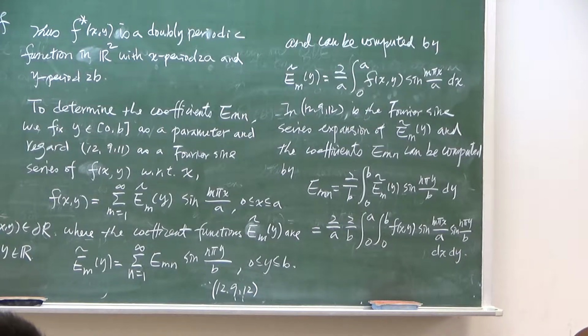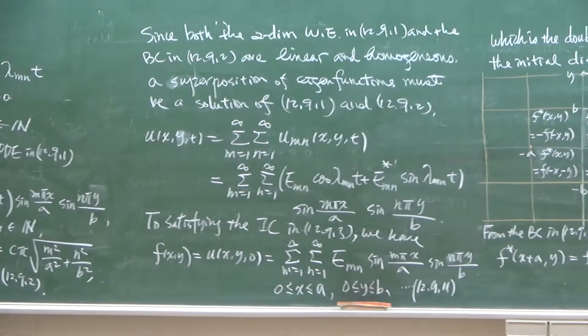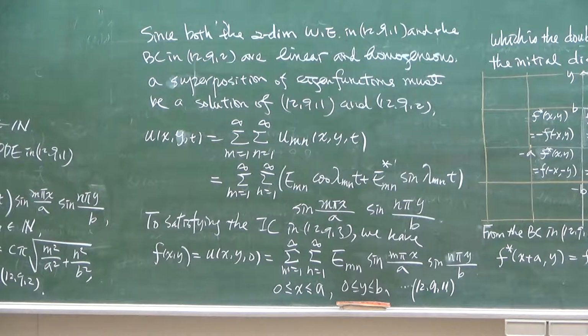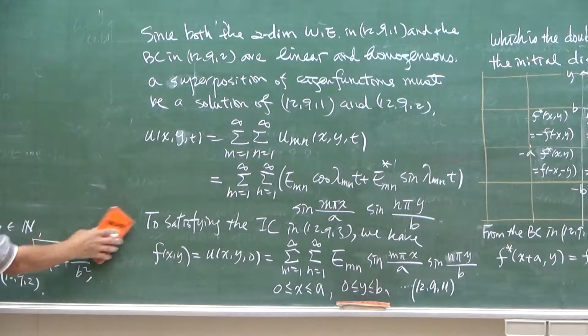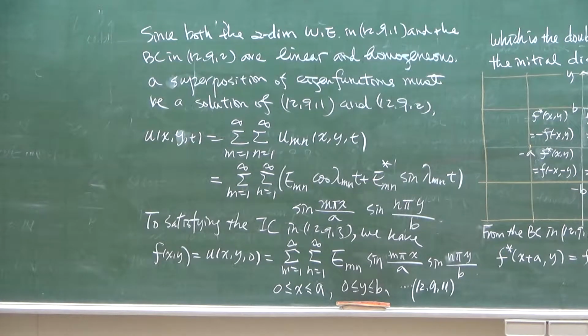Now, our next job is to find E star_mn. Okay, we want to find E star_mn. But next, the partial derivative of u(x, y, t).